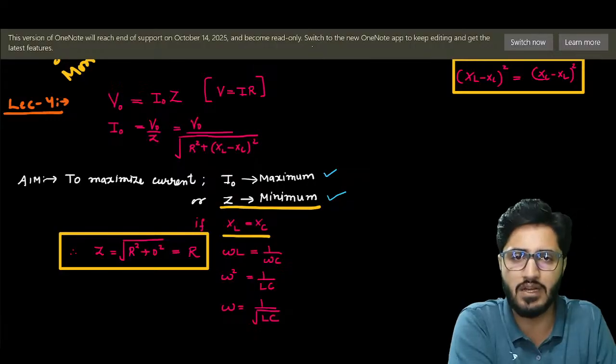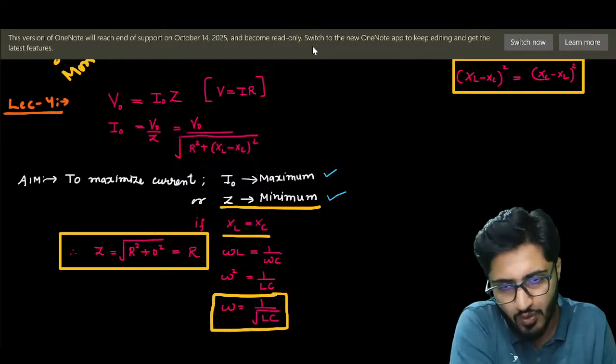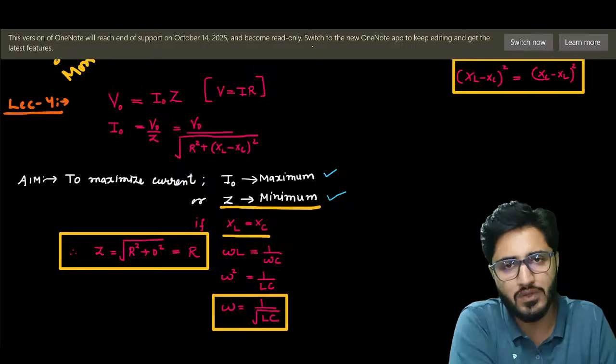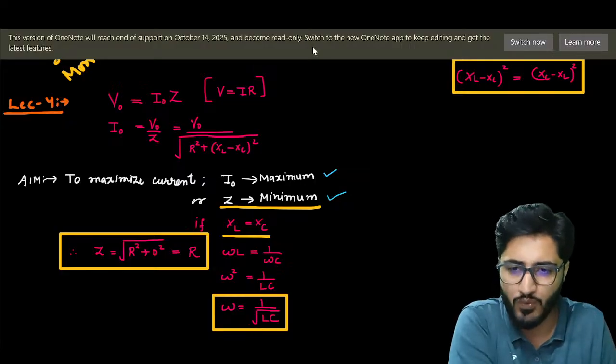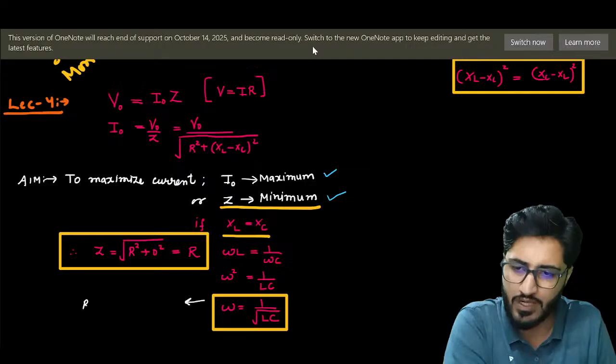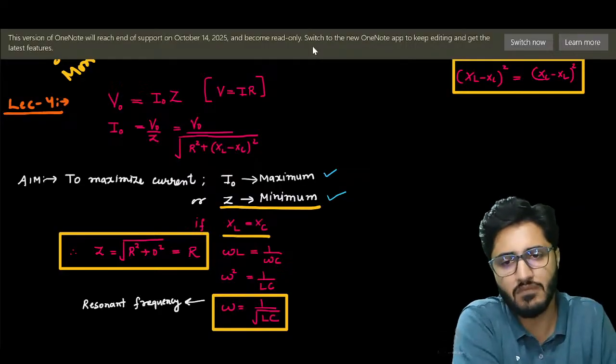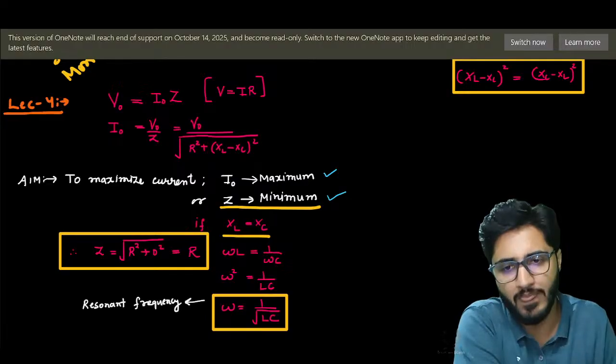This particular omega is known as the resonant frequency. Or, I can write an alternative form.